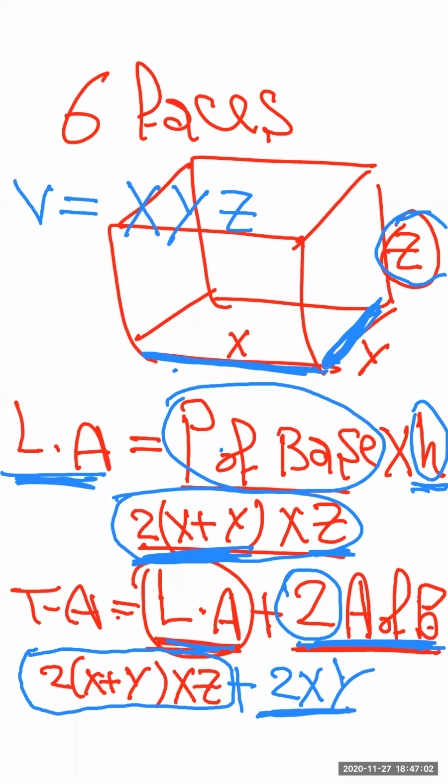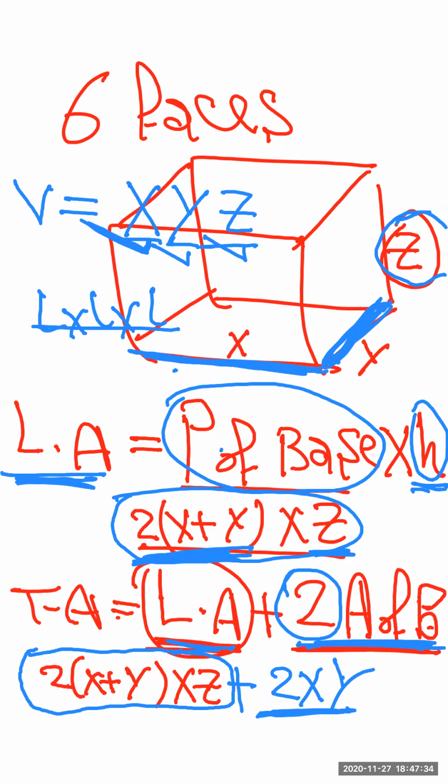And in the cube, it equals length times width times height. But the cube is a special case. All edges are equal. That's why we said L times L times L, right? But here, different side measurements. So x times y times z.